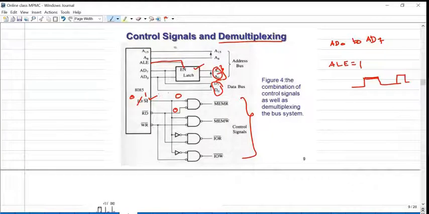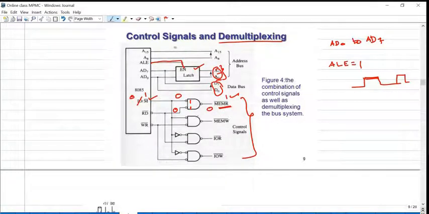Whether it is a write operation or a read operation, if read bar equals 0, then 0 complement is 1, and it generates an active low signal. So the memory read operation will be enabled.